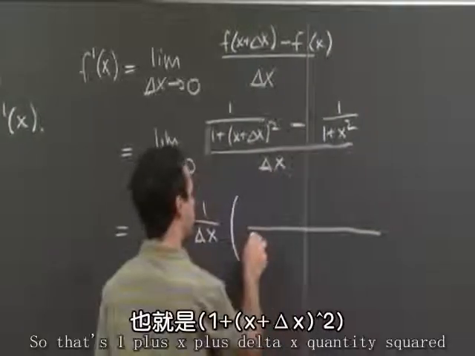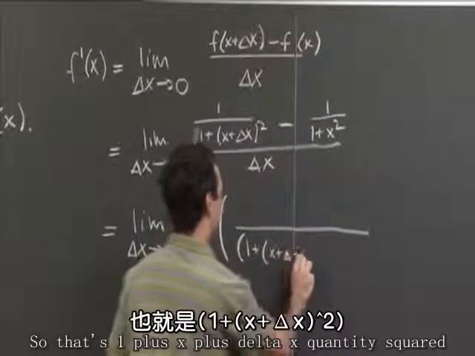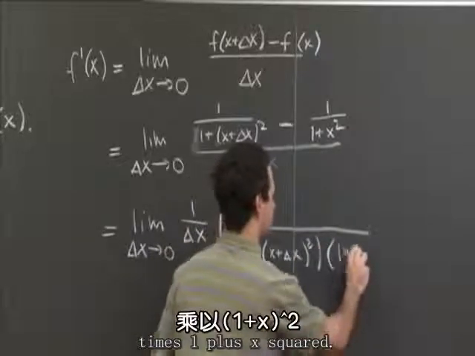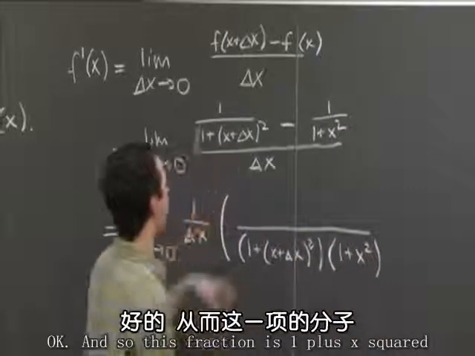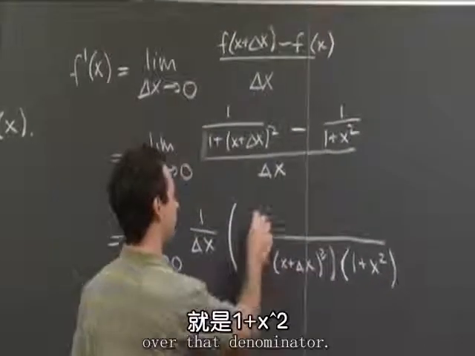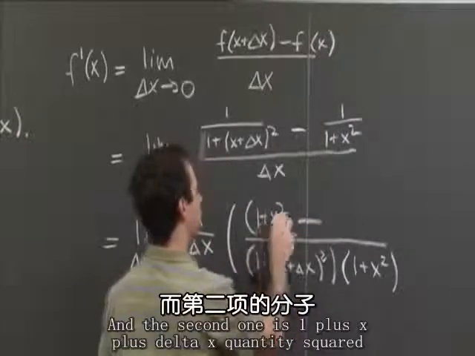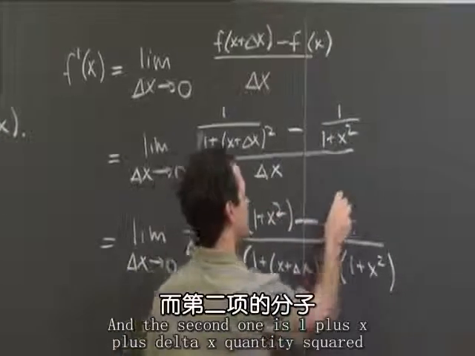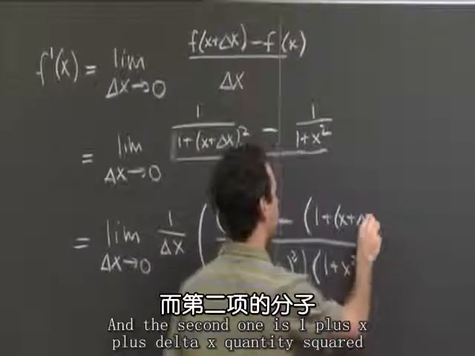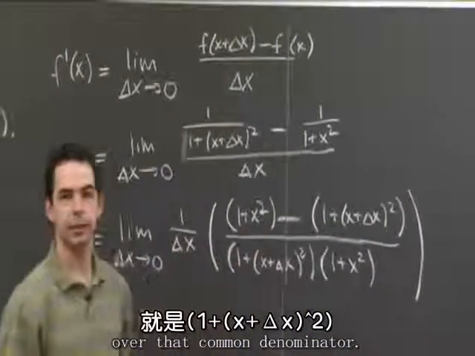So that's 1 plus x plus delta x quantity squared times 1 plus x squared. OK, and so this fraction is 1 plus x squared over that denominator. And the second one is 1 plus x plus delta x quantity squared over that common denominator.